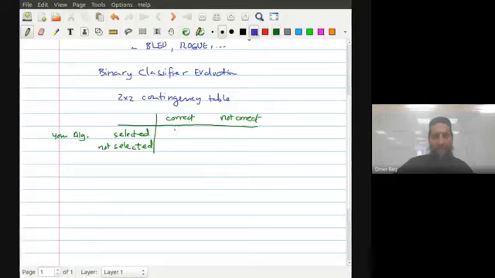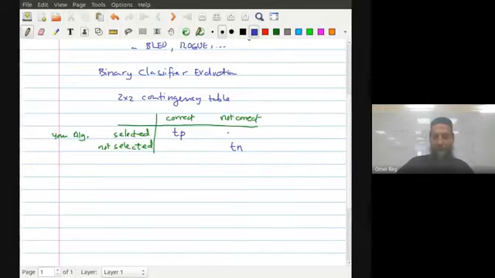Let's say there is a sample that is marked as correct in the test set, and your algorithm also selected it as correct. This is a true positive. Similarly, if a sample is marked as not correct in the test set and your algorithm also says this is not selected, this is a true negative. Both of these are correct.